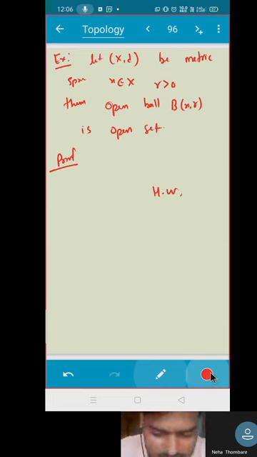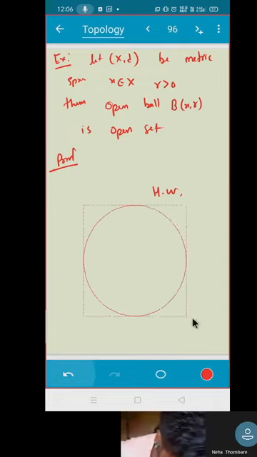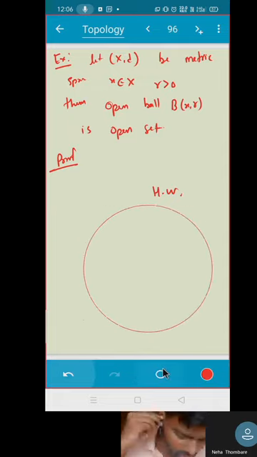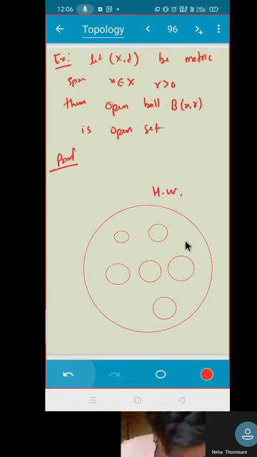So graphically, here my set is an open set. You have to prove that for any point I should be able to find an open ball. So what radius should I choose? The most important thing is the radius.